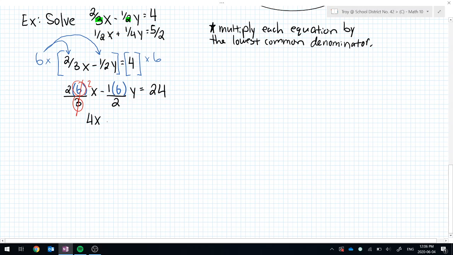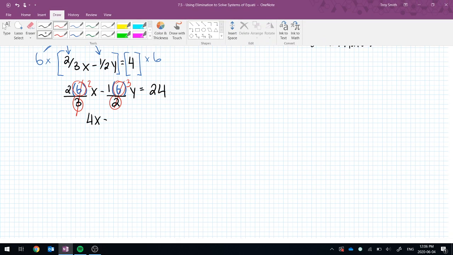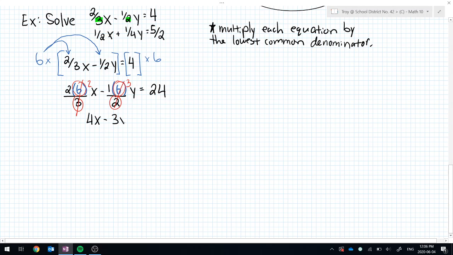And then over here, 1 times 6 is 6, divided by 2 gives us 3. Again, you could just recognize that 6 divided by 2 simplifies to 3, and then 1 times 3 gives us 3. Either way is fine. Equals 24. And as you can see, we have no fractions left over, and it's still the same equation.